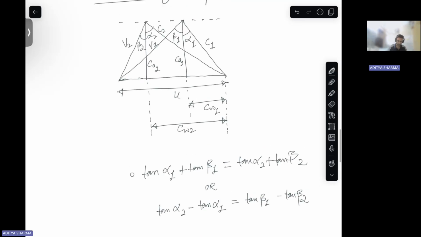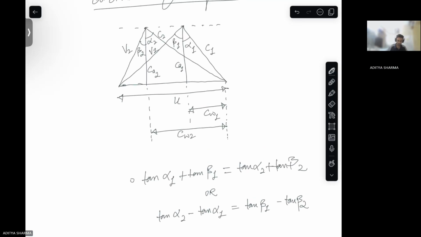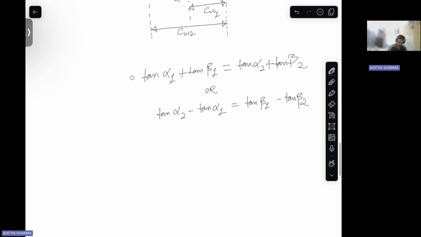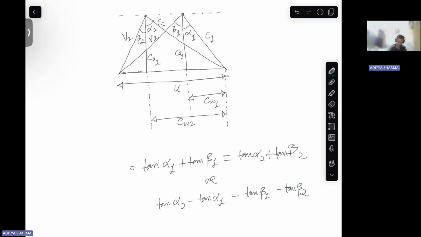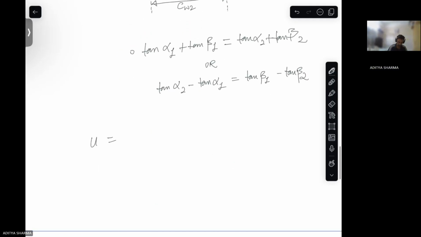So basically you try to split the blade velocity, U. If you see U, it is CW1 plus the remaining section. Then from the inlet velocity triangle, it is CA1 times tan alpha 1 plus tan beta 1.